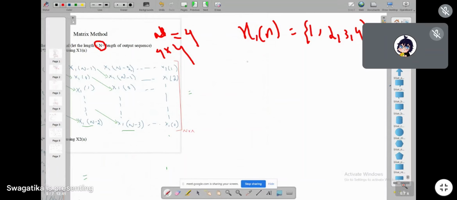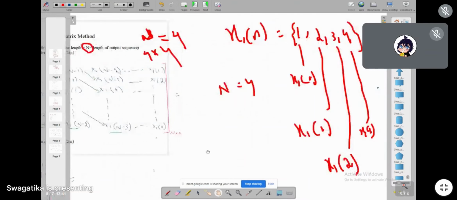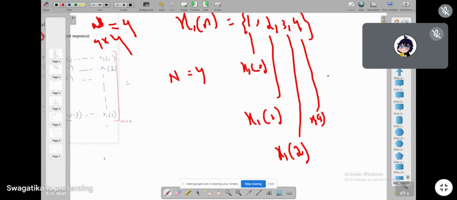This is our x1 0, this is x1 1, this is sample x1 2, and this sample is x1 3, as I can say n equals 4.